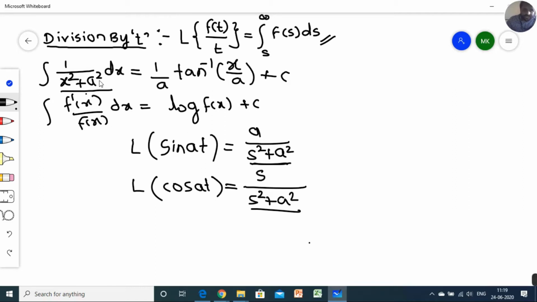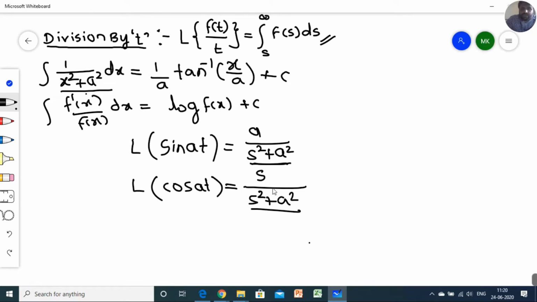So in the first part, the integral of 1 upon x square plus a square into dx, we have only a constant in the numerator, but in cosine terms the numerator has a variable. So whenever we have to calculate the Laplace of sine functions, we have to use the first formula instead of the second.